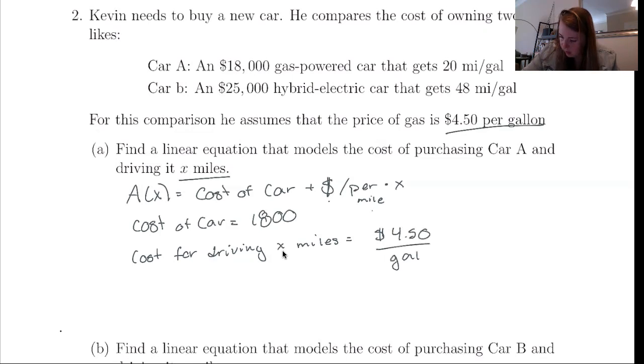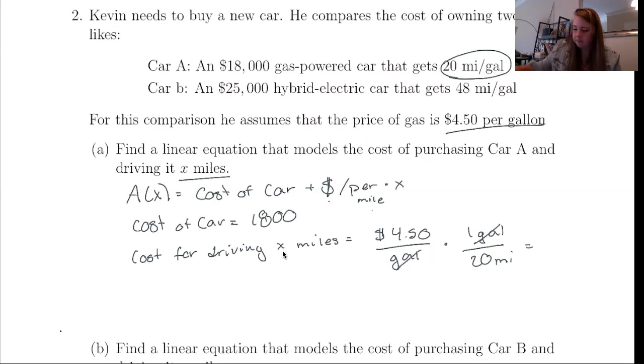And then I'm going to flip this so that it is 1 gallon every 20 miles. It's the same. And then gallons cross out. And we're left with 4.5 divided by 20, which is $0.225 per mile. Perfect.